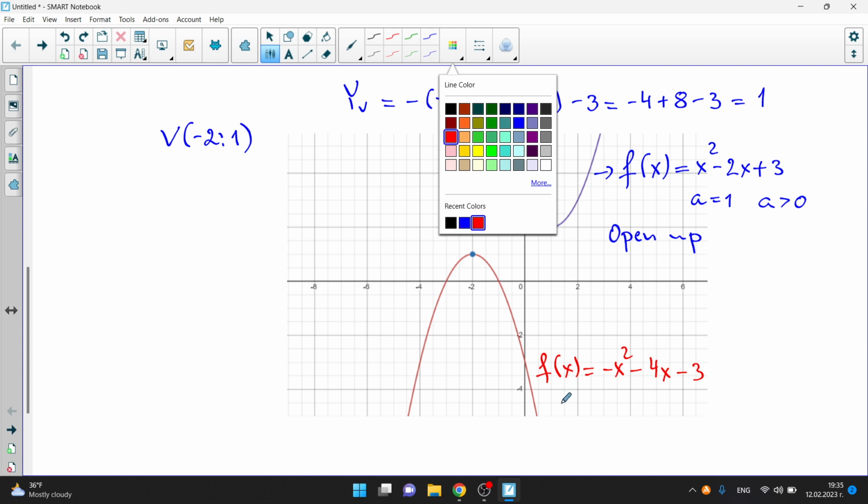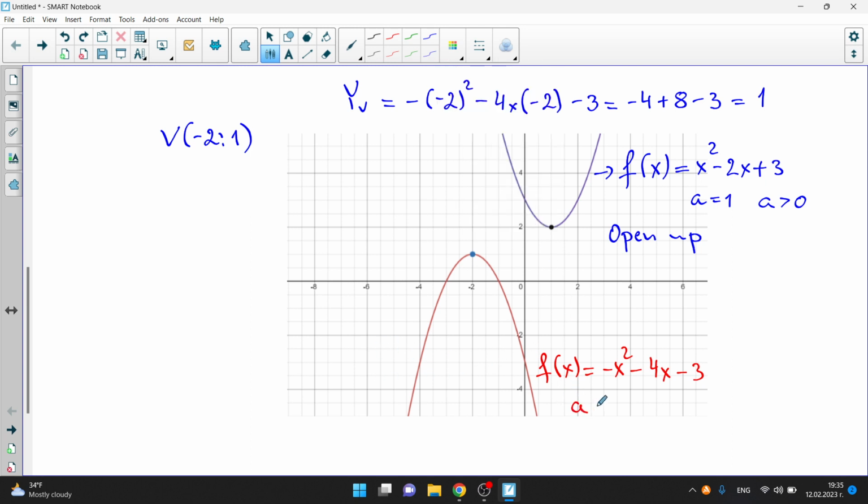In the second case, a is minus 1, a is a negative number, and our parabola opens down.